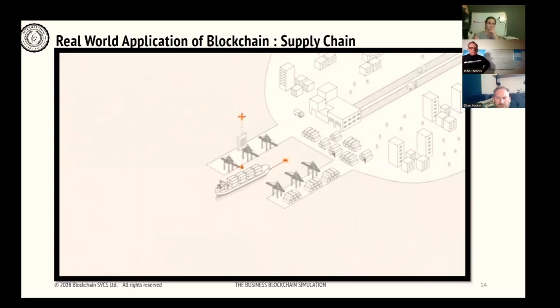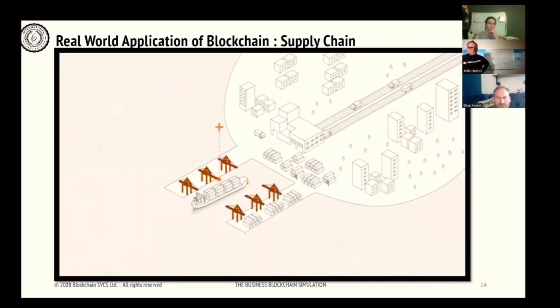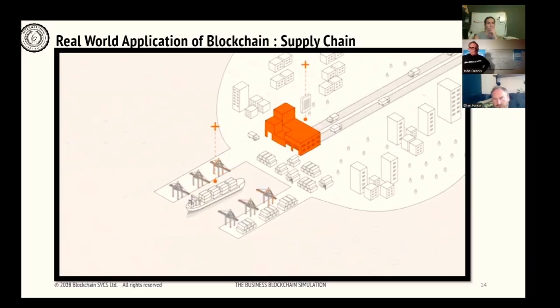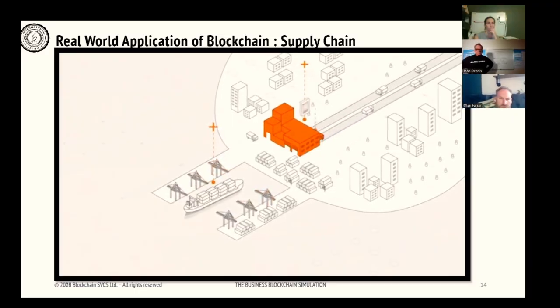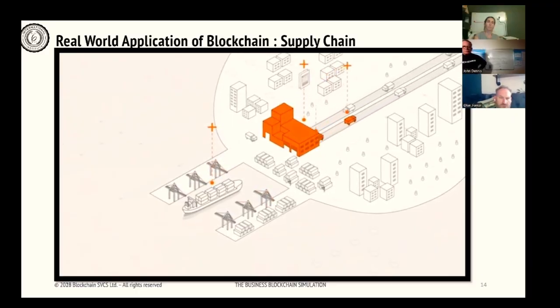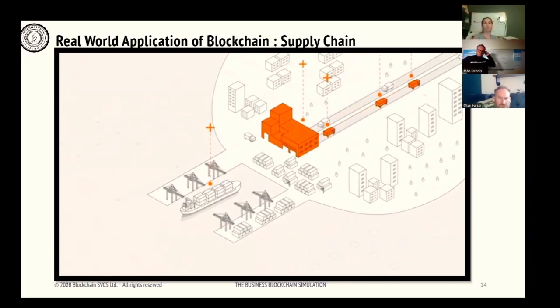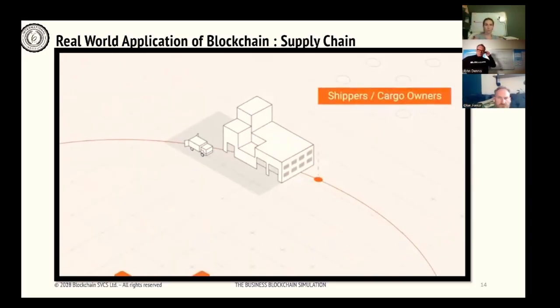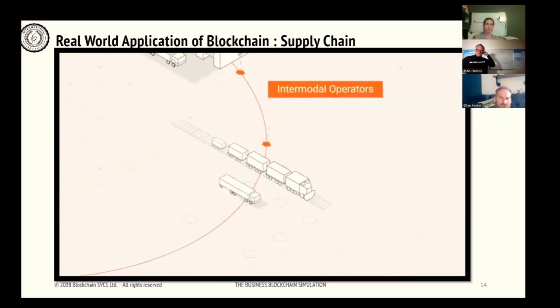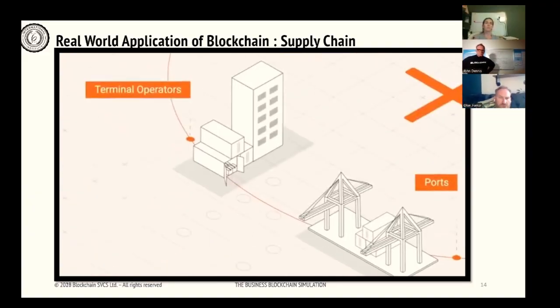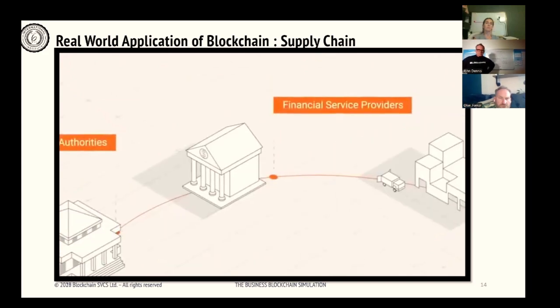TradeLens is a digital shipping platform powered by blockchain that enables unprecedented transparency, collaboration, and efficiency in global supply chains. TradeLens provides control and management of shipping data and supplies innovative apps to every stakeholder in the supply chain: shippers, freight forwarders, intermodal operators, ocean carriers, ports, terminals, authorities, financial service providers, and more.